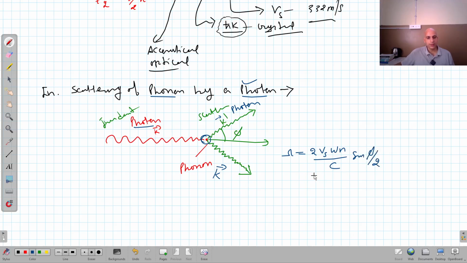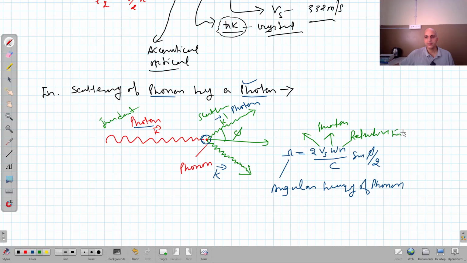Omega is the angular frequency of a phonon. Vs is the speed of sound in the crystal. Omega is the angular frequency of photon. And n is the refractive index of the crystal. c is the velocity of light, phi is the angle of scattering.